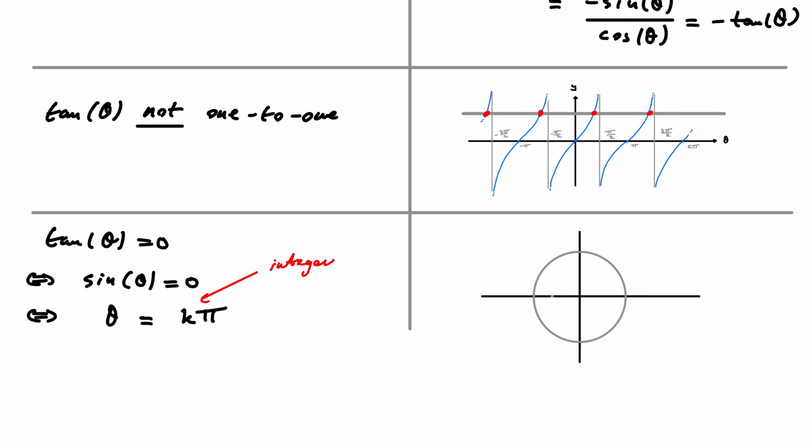So what's the deal? If I'm taking an angle theta, it gives me one of these lines. The slope of this is the tangent of that angle. And there are only 2 points where you're going to get slope 0.